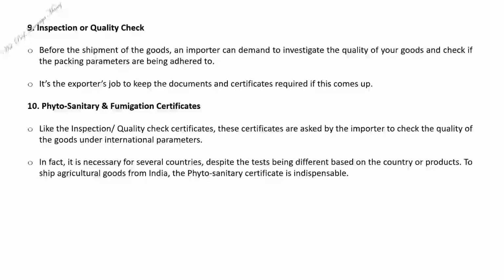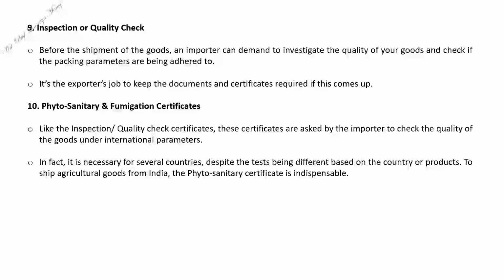So an inspection certificate is required if the goods exported are any industrial equipment, any kind of mechanical equipment. But if it is a food product, you need to have a clearance certificate from the Food Supply Corporation of India.